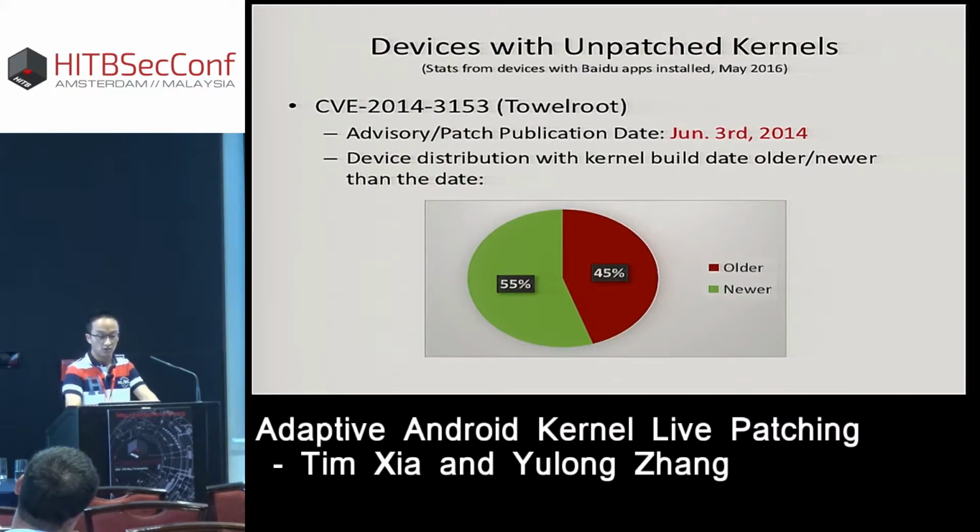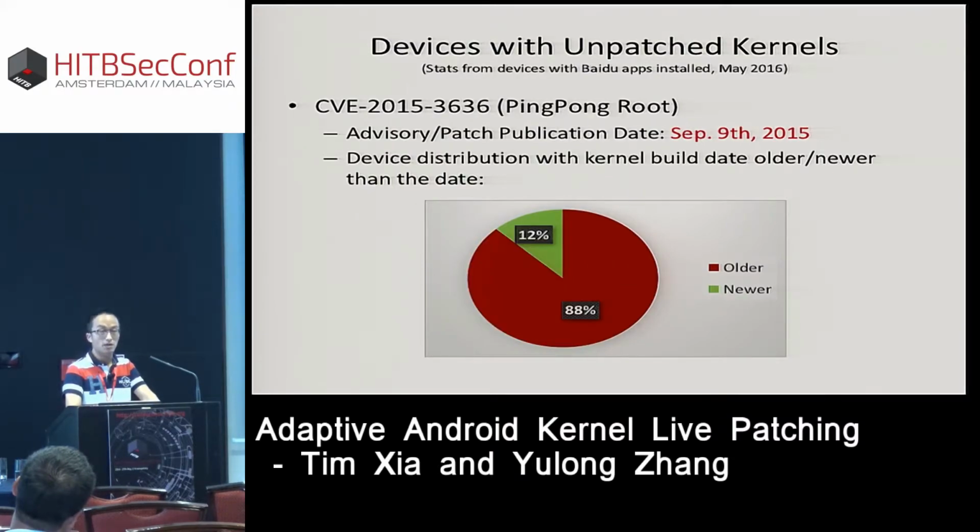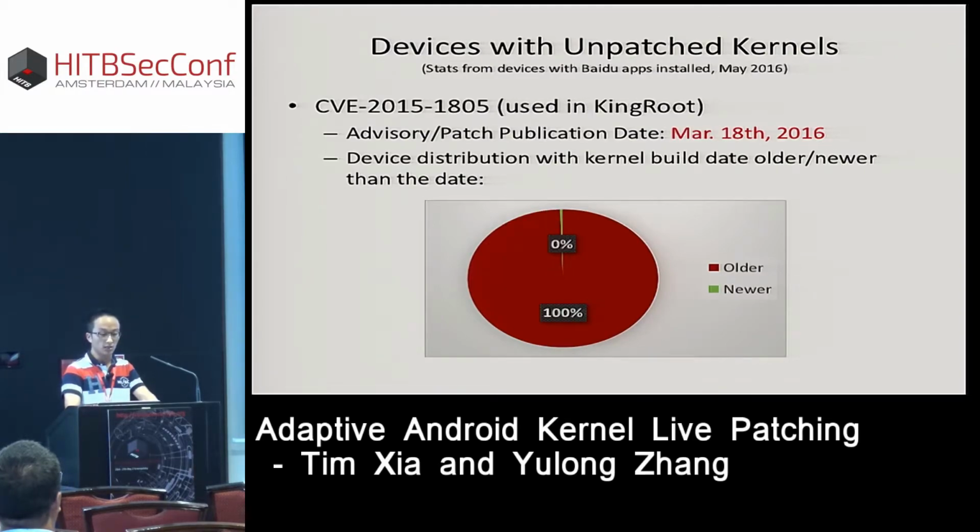They are not patched. For Pimpin Root, the situation is worse. 88% of devices are older than the vulnerability notification date. And for CVE-2015-1805, almost 100% of the devices are older than the vulnerability notification date. Which means the majority of the devices out there could be vulnerable.